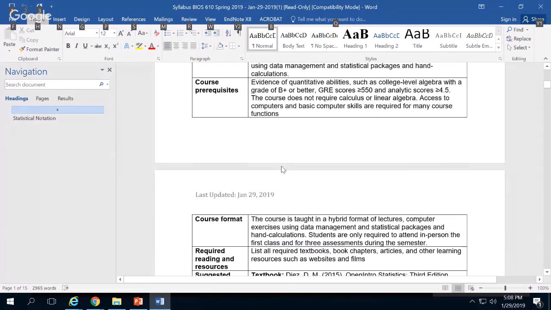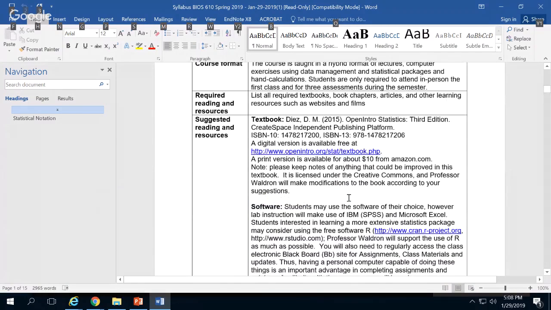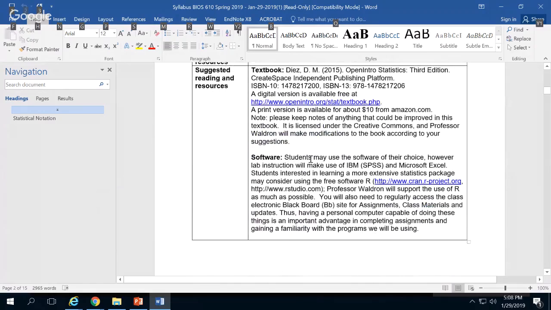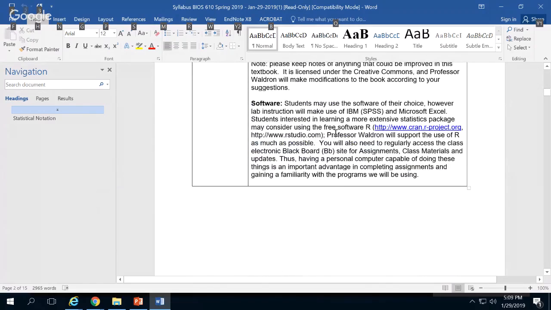So, as I mentioned, we're using this OpenIntro Statistics textbook. You may use the software of your choice. Everything that we're doing in this course can be done really by any commercial statistical software. Most of it could even be done with Excel. You'll be getting some familiarity with Excel as well.